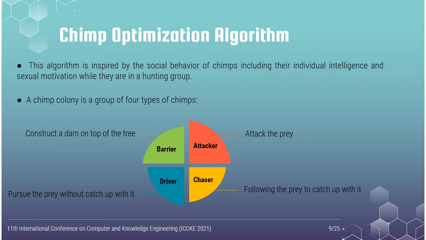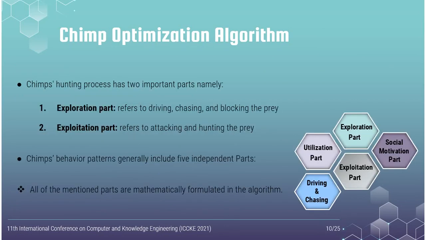After that are the barrier chimps, who construct a dam on the top of the tree, and the chasers, who follow the prey to catch up with it. The final kind of chimp is the driver, who pursues the prey without catching up with it and looks after the prey so as not to lose it.